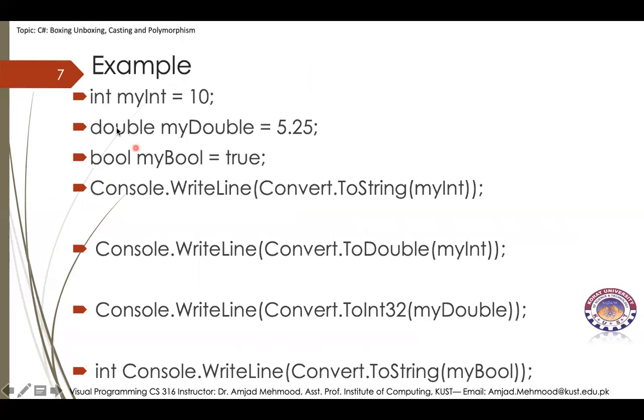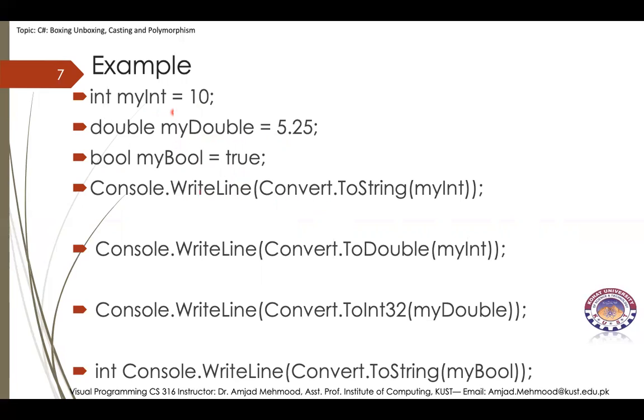Here I'll explain with the help of an example how they work. For example, I have my integer and I have assigned the value of 10 to it, then I declare my double variable here, and then I have a bool type, which is normally true or false, as you know.